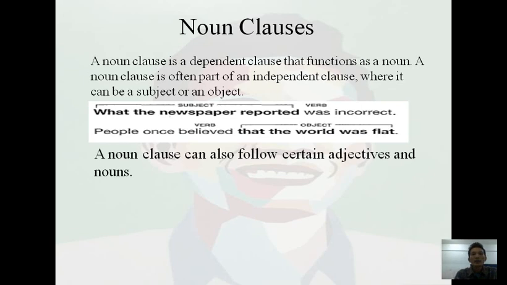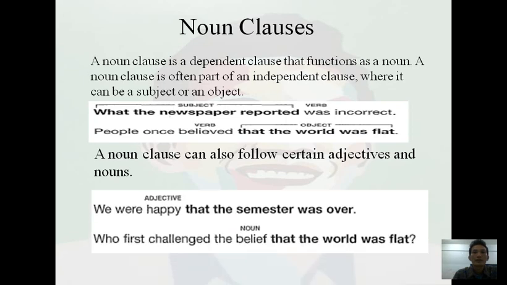A noun clause can also follow certain adjectives and nouns. For example, we were happy that the semester was over. Or, who first challenged the belief that the world was flat.